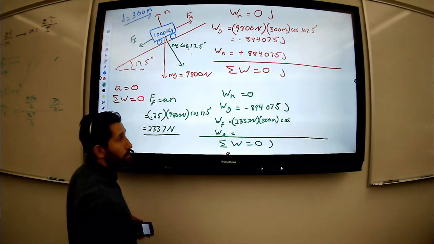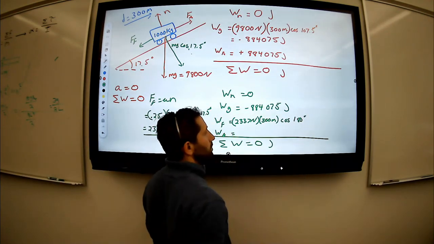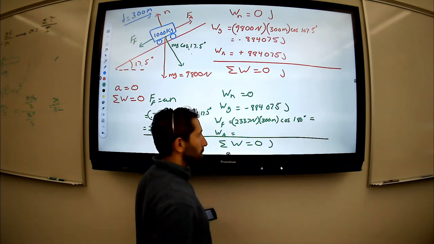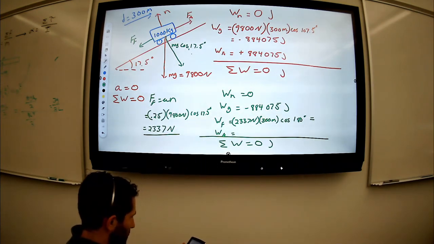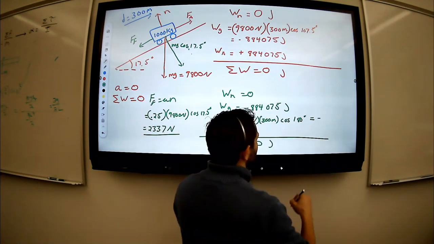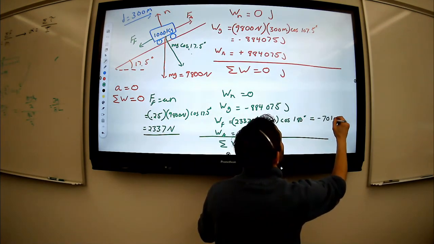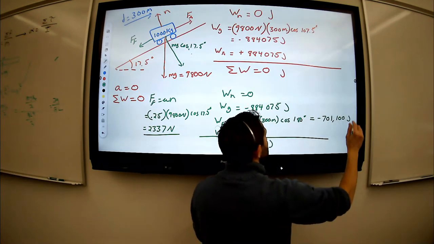So it's cosine of 180 degrees. So I'm going to plug that in the calculator. Whoops, 2337 times 300. I get negative 701,000 joules.